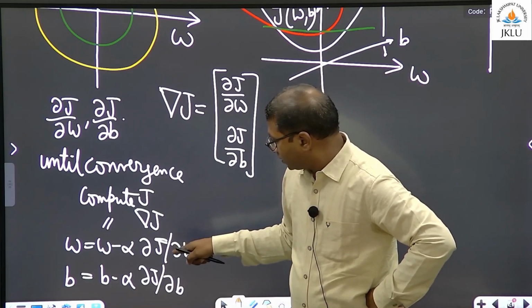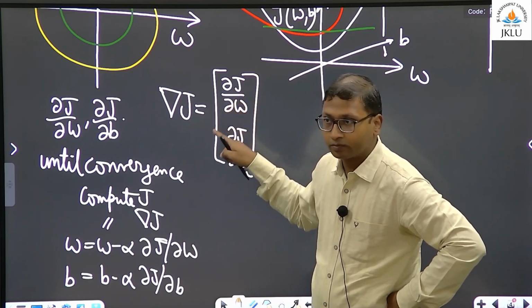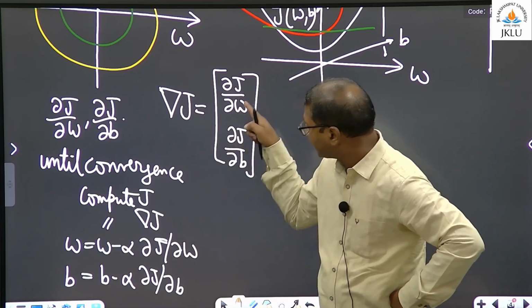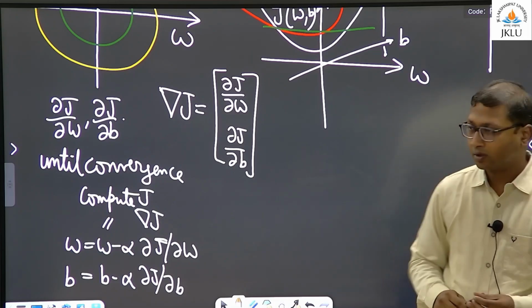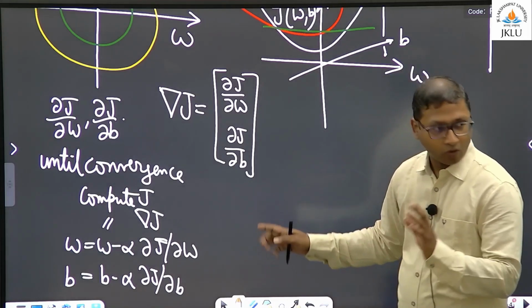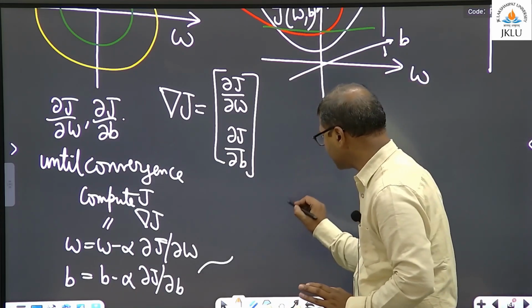Now, where does this fit? How do I fit this vector here now? All I do is I vectorize this, so that's a trivial part.